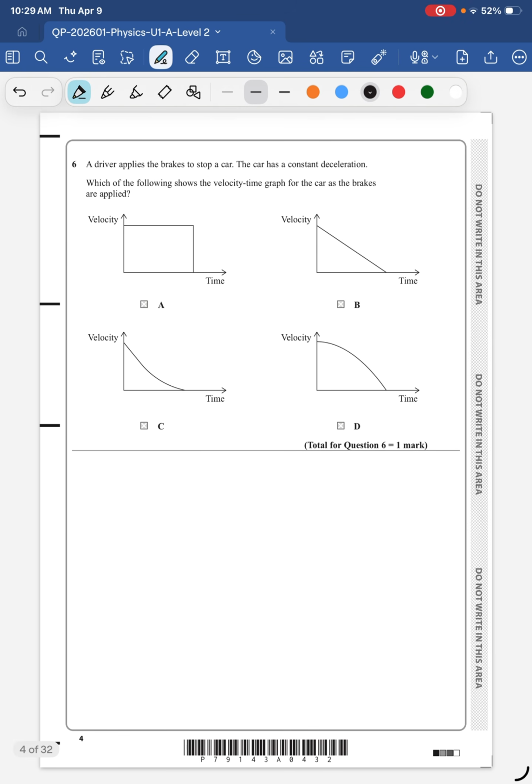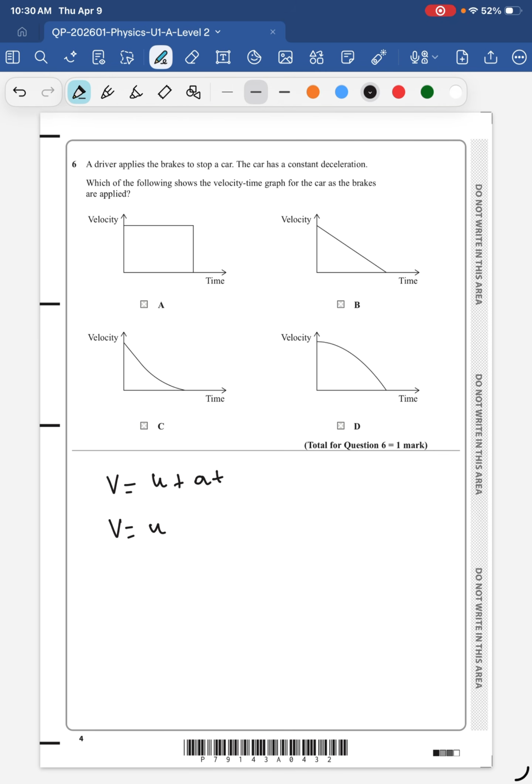Okay, moving on to question 6. A driver applies the brakes to stop a car. The car has a constant deceleration. Which of the following shows the velocity time graph for the car as the brakes are applied? So using SUVAT equations, the velocity is given by u plus at. In this case, the acceleration is negative because it's a deceleration.